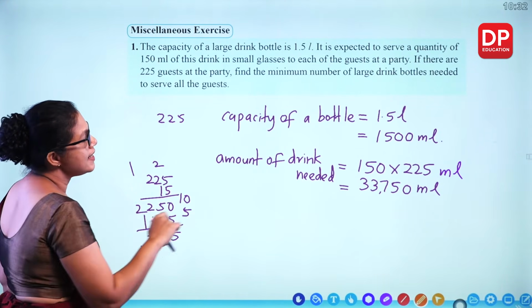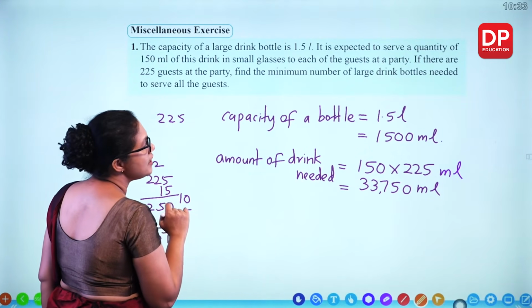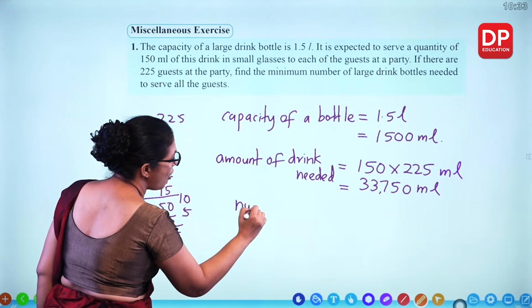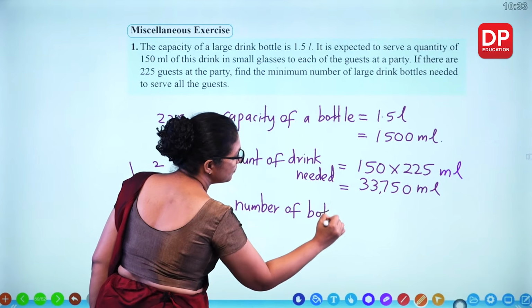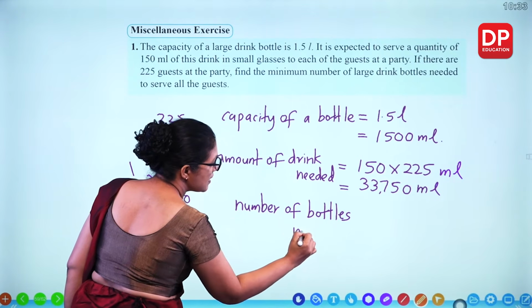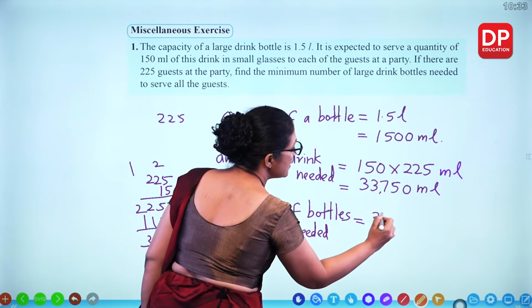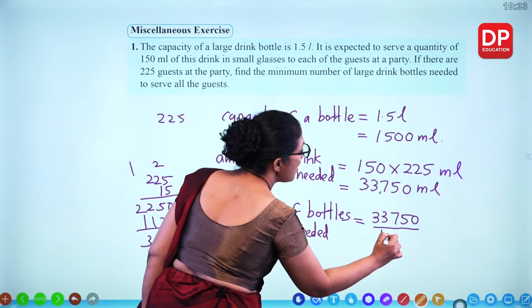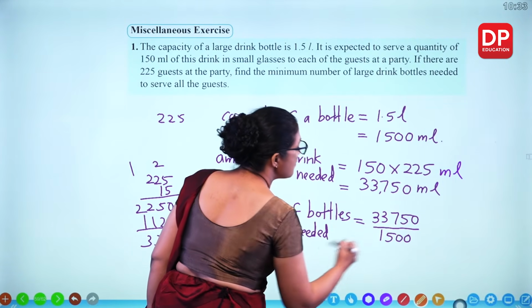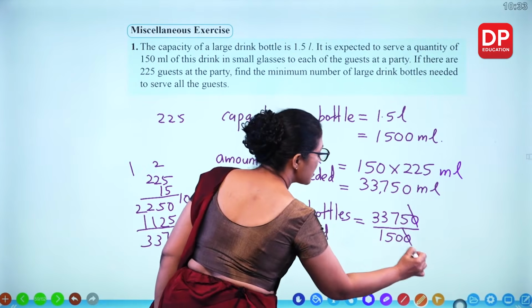Now, how many bottles needed here? So you have to divide and see how many bottles you need. So number of bottles needed is equal to 33,750 divided by 1,500 milliliters. 0 get cancelled out.